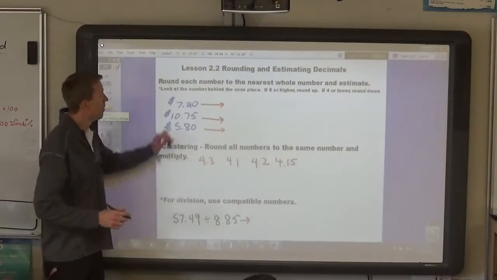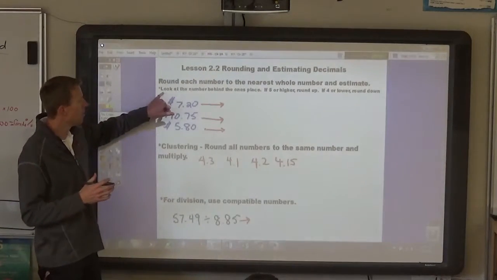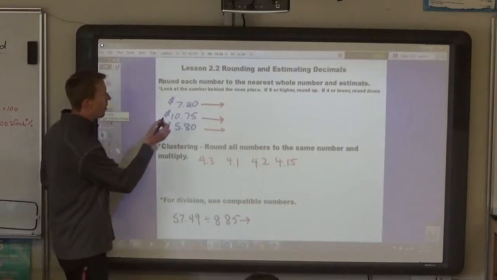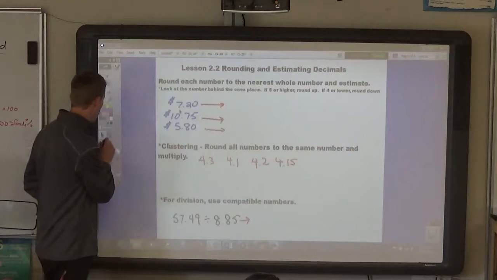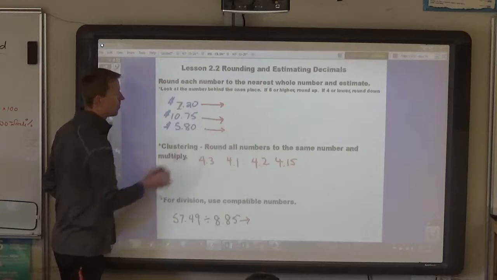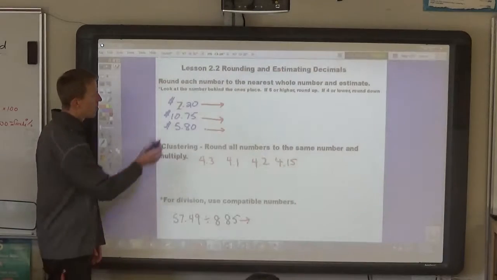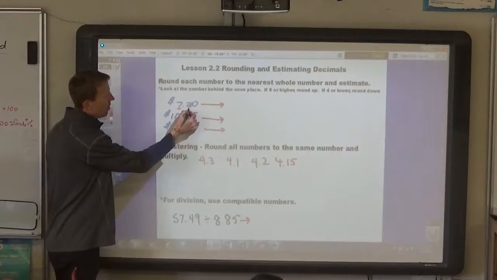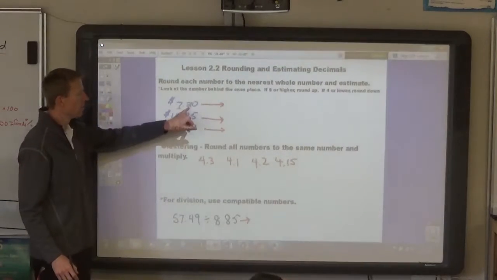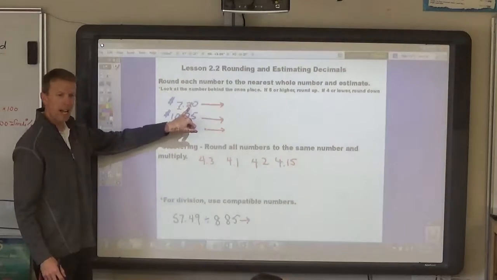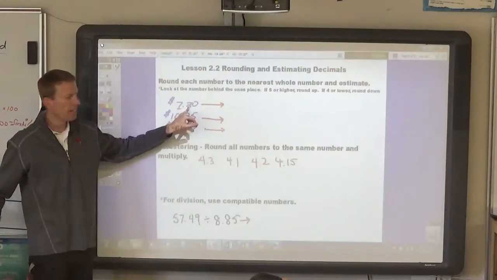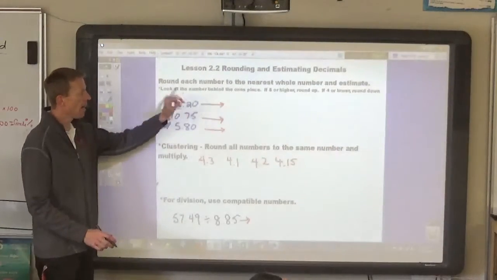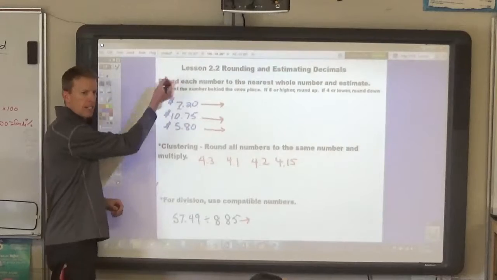Well, if you need to know how to do this, you look at the number that's behind the ones place. So here's the ones place, $7. And look at the tenths place. If the tenths place is 5 or higher, then we round up to the next dollar.